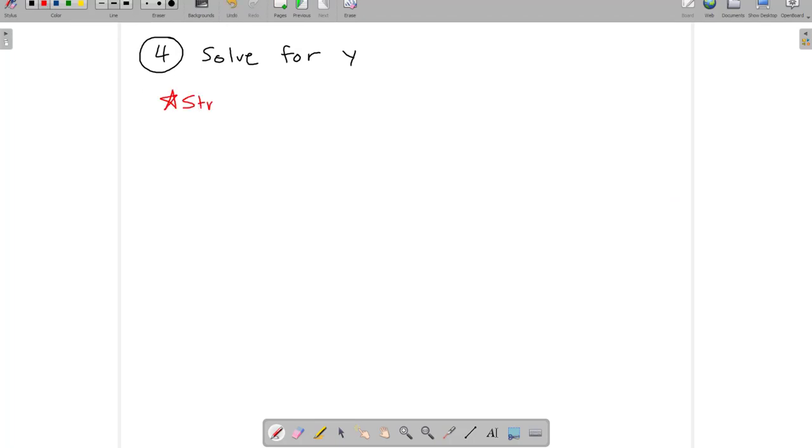Strategize to use the simpler equation to solve for the other variable. And you don't have to choose the easier one, but it makes sense to.